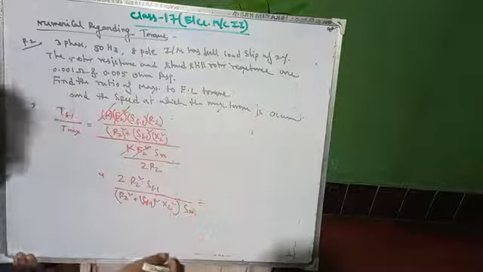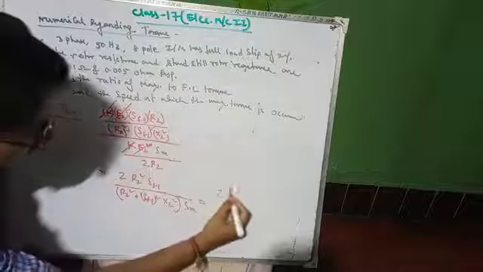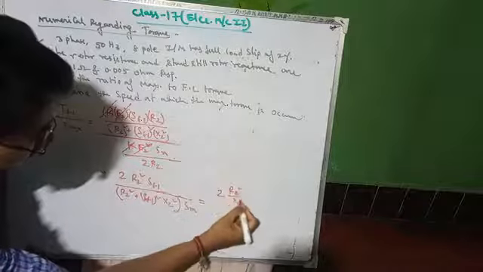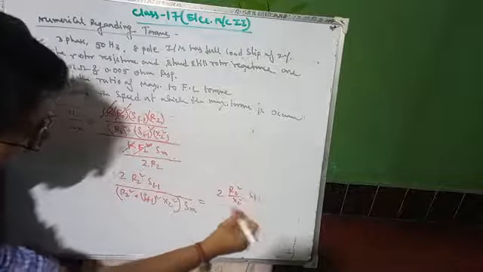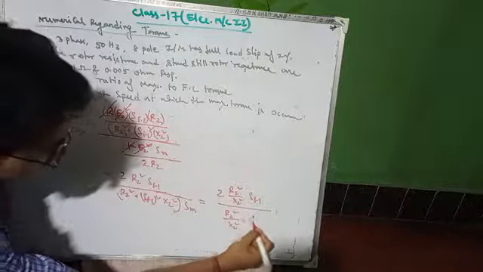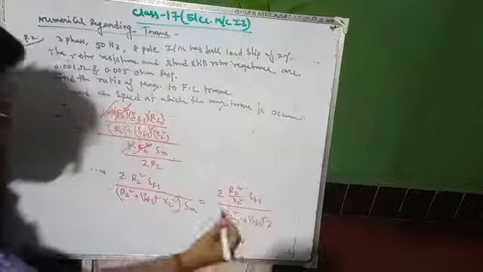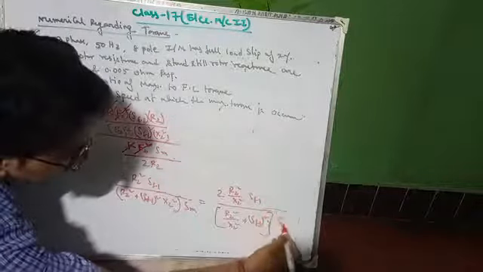Now dividing it by X2 square, we get 2R2 square by X2 square into S of FL divided by R2 square by X2 square plus S of FL square into 1, X2 square cancelled out, into Sm.